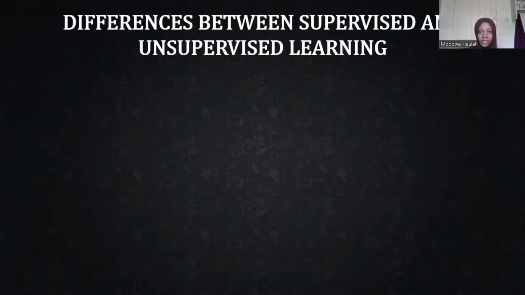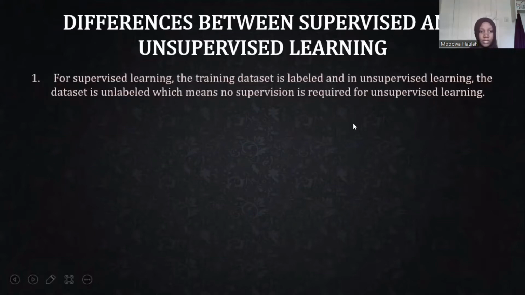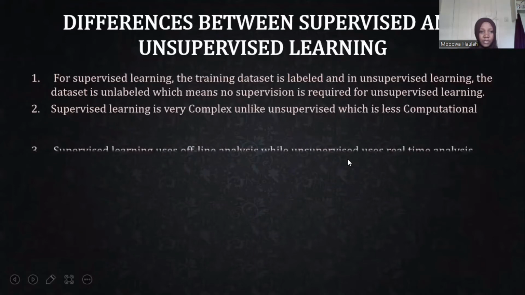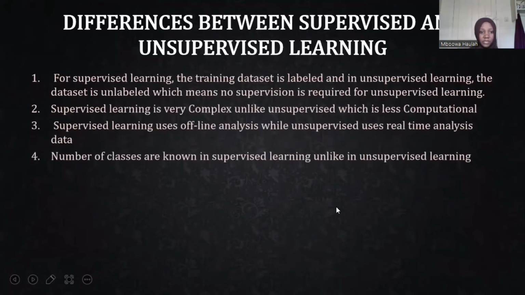So we have the differences between supervised and unsupervised learning. Supervised learning is all about labeled data. So we can get to know the differences, and as you see, we have many differences.